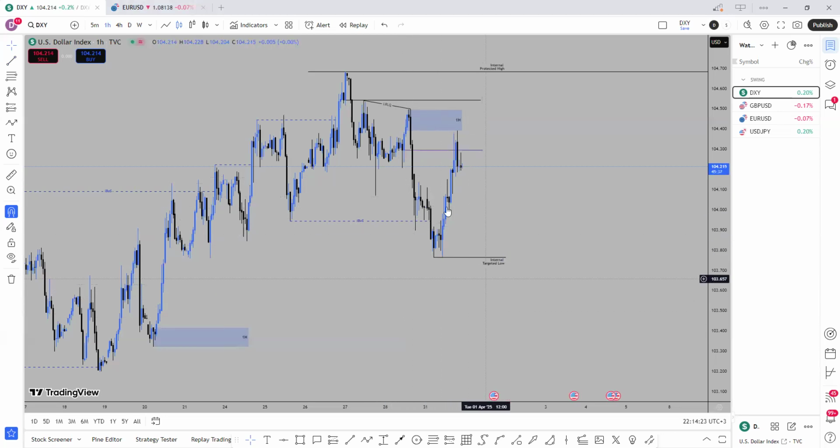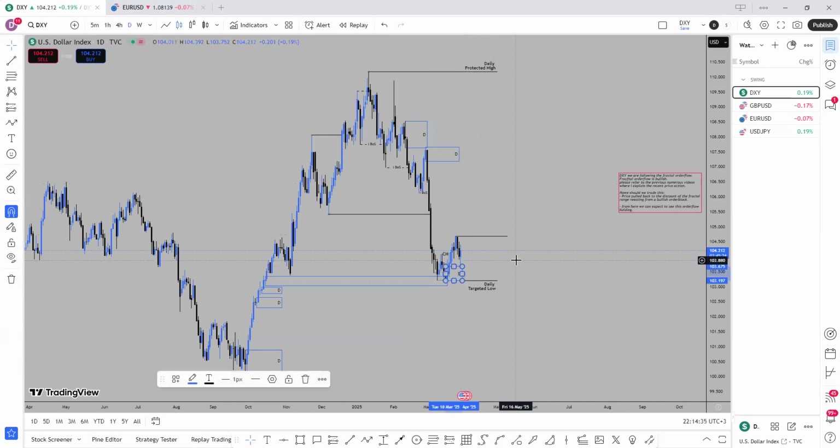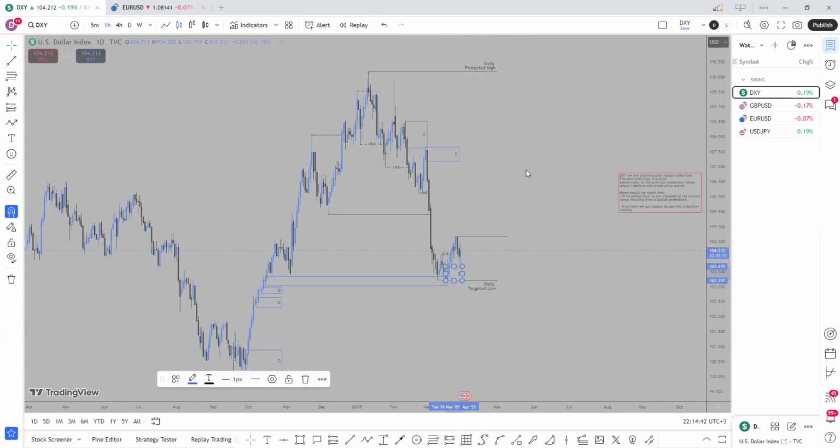But if we do see a situation where that order flow is holding, that would mean that the DXY may be coming to the refined order block. Let's activate that on the 1 hour and see where that is.